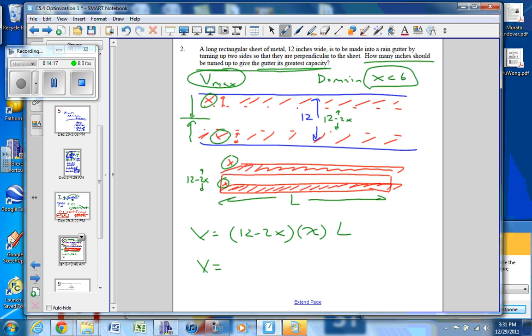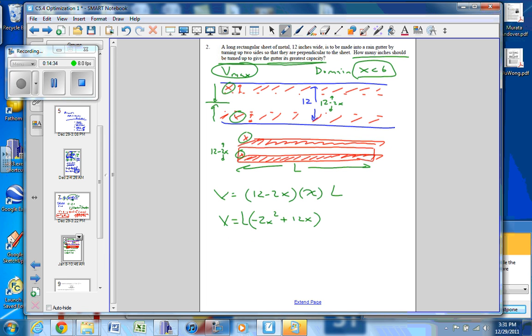Simplifying this, we get that the volume equals negative 2x squared plus 12x times L. And I'm putting the L in front just because it's a constant. And let's write that even simpler. Volume equals negative 2L x squared plus 12Lx.